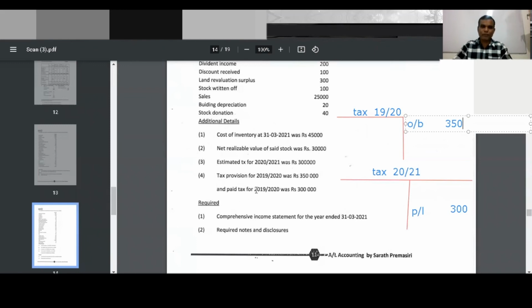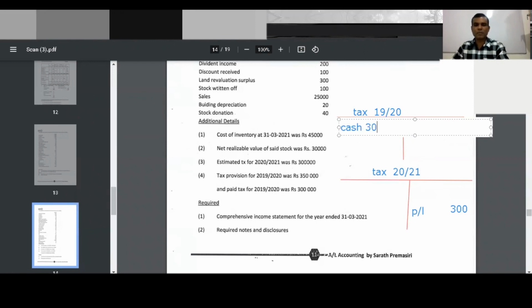But you see, tax paid for 2020: we estimate in the previous year, and sometimes we pay this year. This is the estimated amount, but the paid amount in cash is 300. This is the estimated tax from the profit of the previous year, but the paid tax for the previous year was 300.